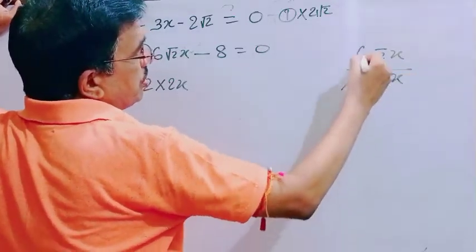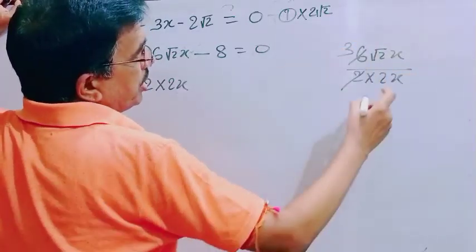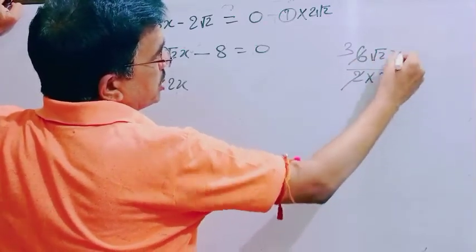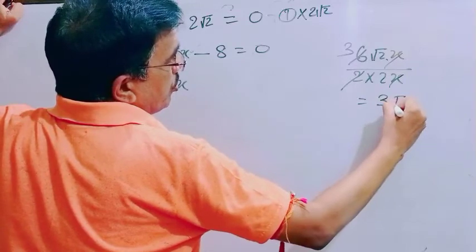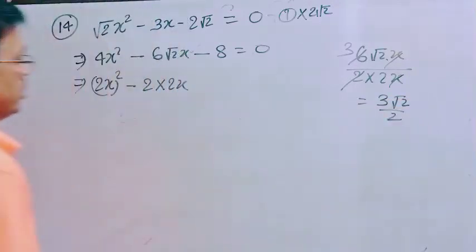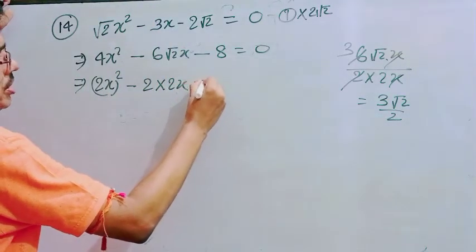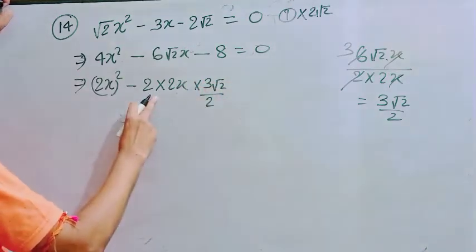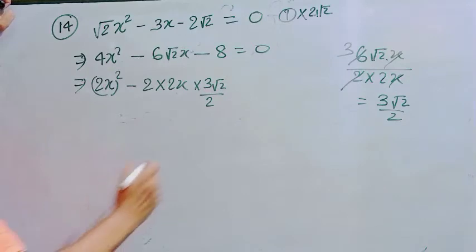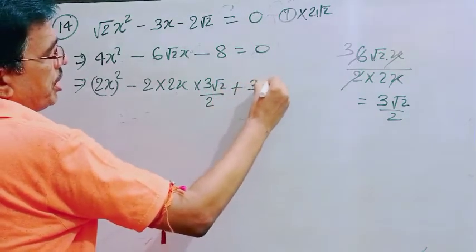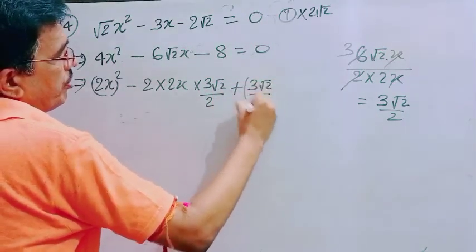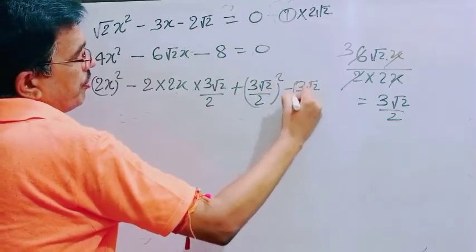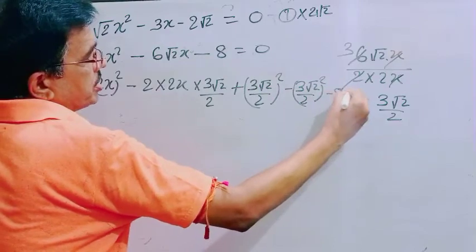So the 2 cancels, and that is 3 root 2 by 2. So when you multiply by 3 root 2 by 2, the 2 cancels and you get 6 root 2, and plus 3 root 2 by 2 whole square and minus 3 root 2 by 2 whole square minus 8 is equal to 0.